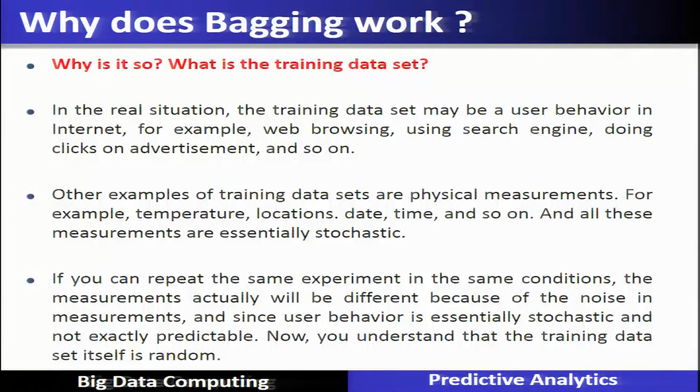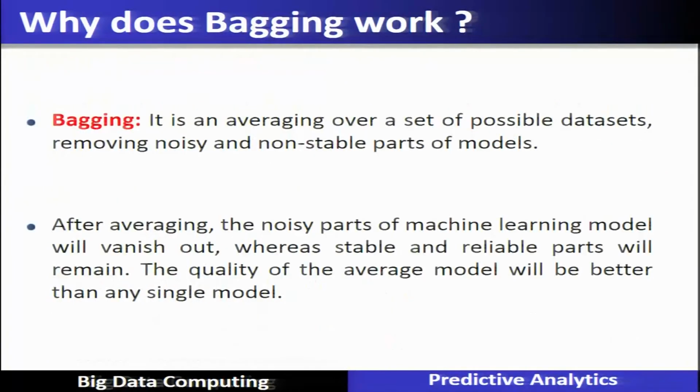All these measurements are also essentially stochastic. If you repeat the same experiment under the same conditions, the measurement will actually be different because of the noise in the measurement. Since user behavior is stochastic, not exactly predictable, you can understand that the training data itself is random. Because of this randomness in the data, bagging works.